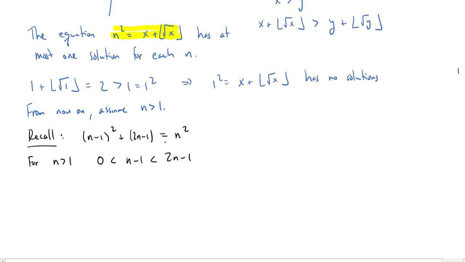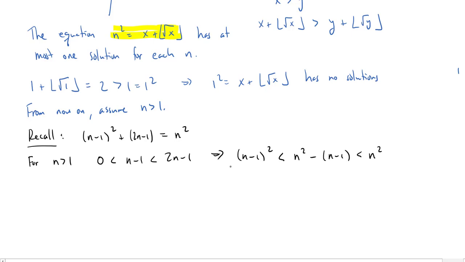Okay, but the above equation now is going to tell us that n minus 1 quantity squared is going to be less than n squared minus n minus 1. We know the difference between them is 2n minus 1, and n minus 1 is less than 2n minus 1. So n minus 1 squared will be less than the difference of n squared with n minus 1. On the other hand, this is certainly strictly less than n squared, because I've gotten rid of something positive, because n was greater than 1.